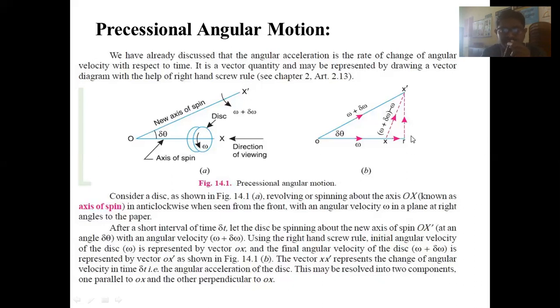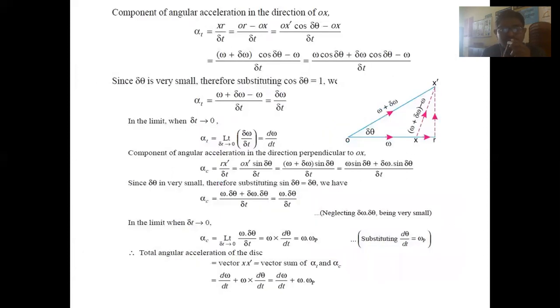Let me explain how to determine them. You see, in this PPT, observe this diagram: component of angular acceleration in the direction of OX. This is OX, and the component in the direction of OX is XR.